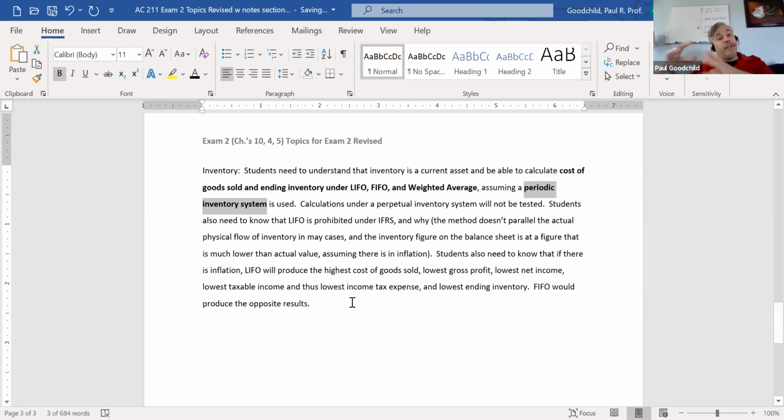You assume all of it gets put into one big pool, and regardless of the timing, you're going first in, first out, because we don't do the inventory until the end of the period. Calculations under a perpetual inventory system will not be tested, so you don't have to worry about a perpetual.